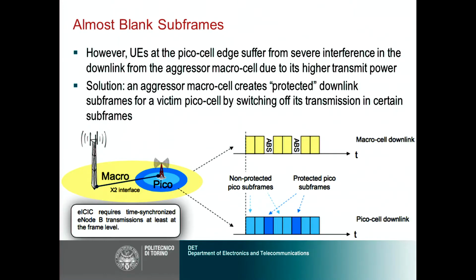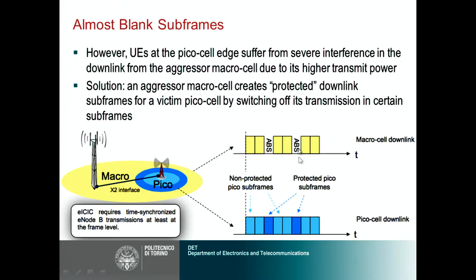The idea is the macro cell will lower the power that it uses to transmit in specific subframes, and it will tell the picocell what these subframes are, and these subframes will be used by the picocell for the downlink transmission. So the macro cell will not completely refrain from transmitting during those subframes.